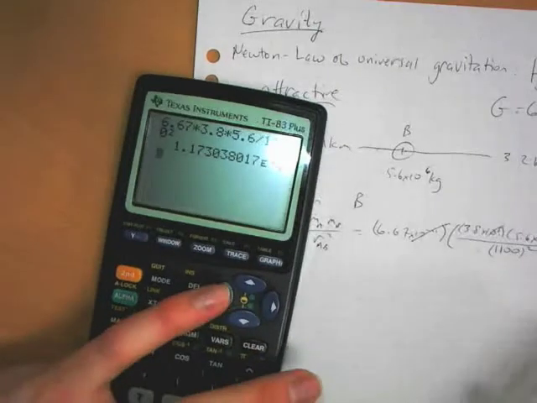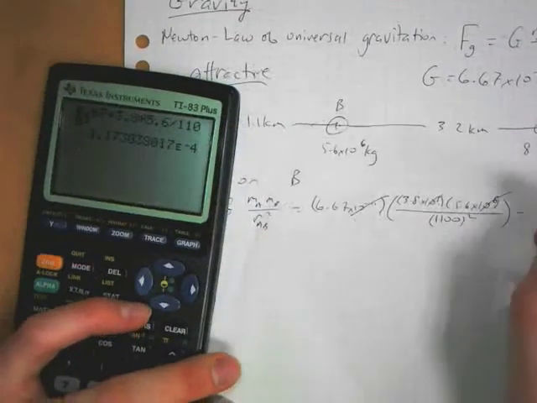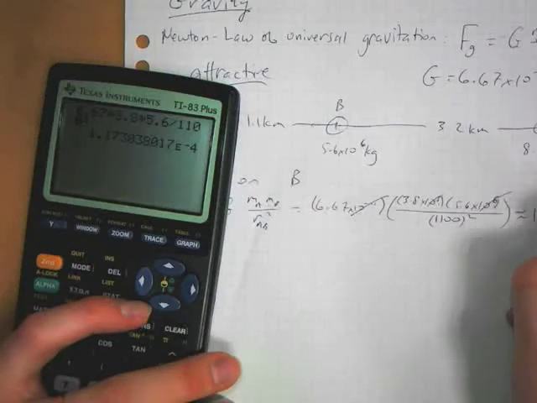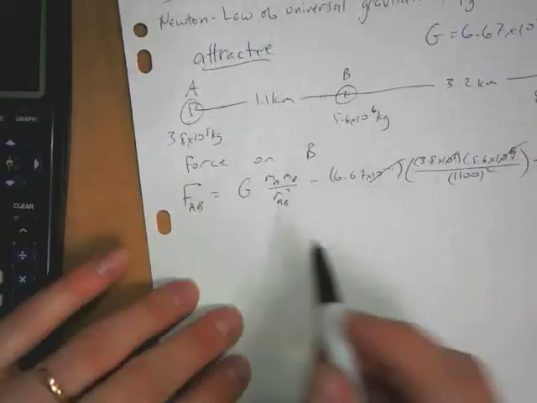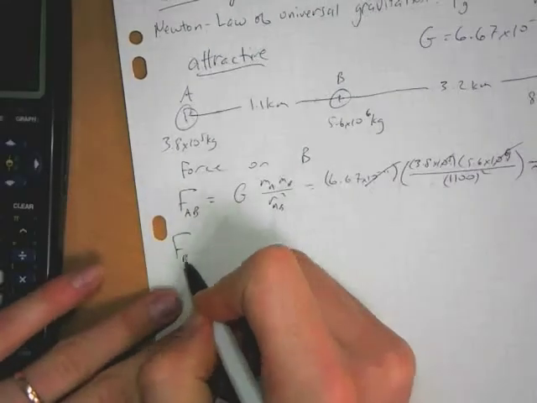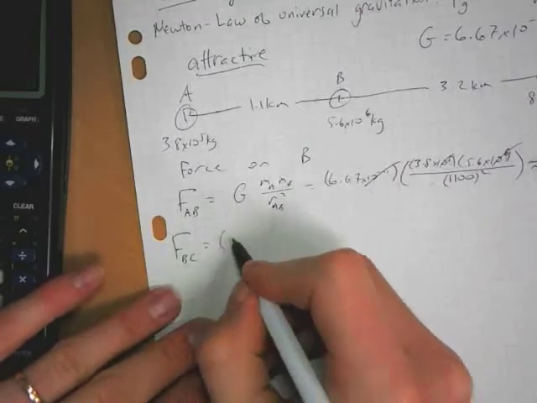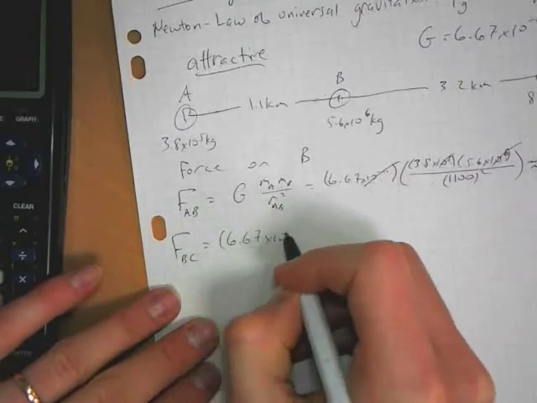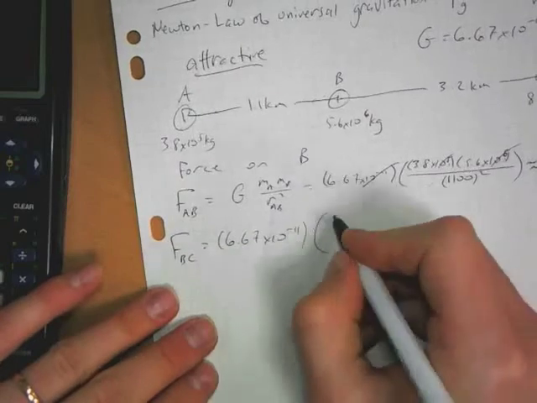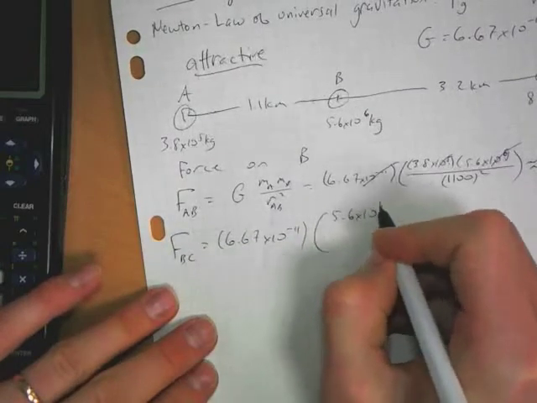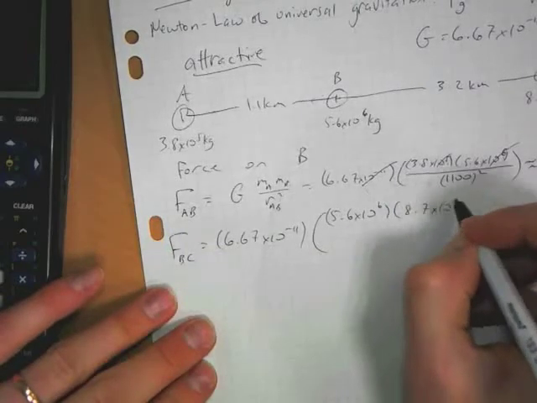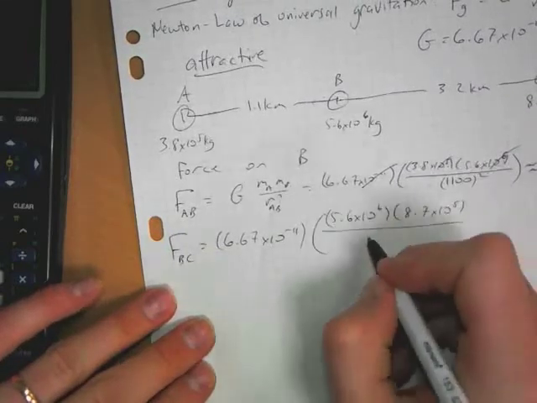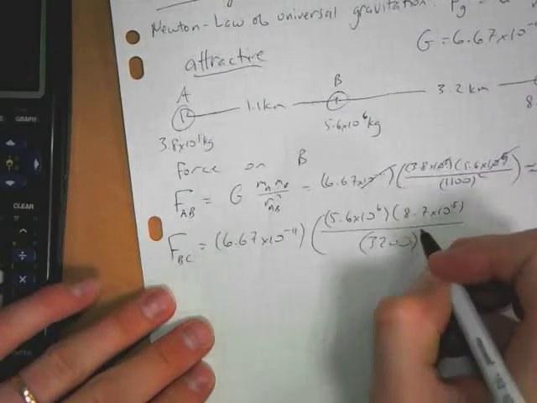And we get that the force between them is about 1.17 times 10 to the minus 4th newtons. I'm going to store that. Then the force between B and C, following the same equation, is 6.67 times 10 to the minus 11th times 5.6 times 10 to the 6th times 8.7 times 10 to the 5th over 3,200 squared.